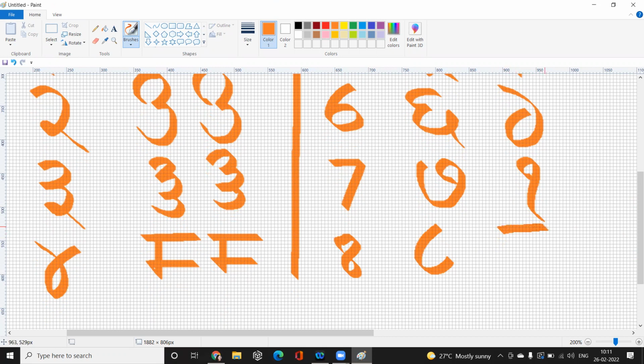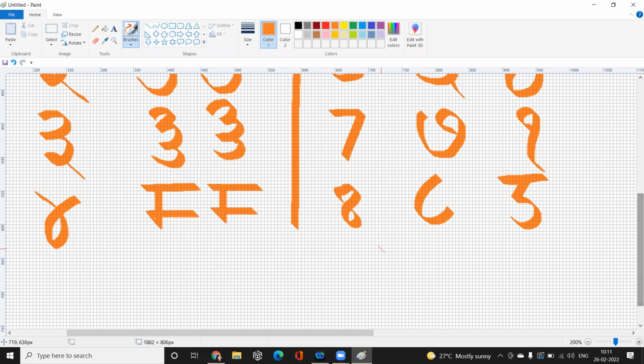Eight again has a line on the top, and from the middle we draw a slant line, then a loop at the end. This is 8. And the last one, 9.